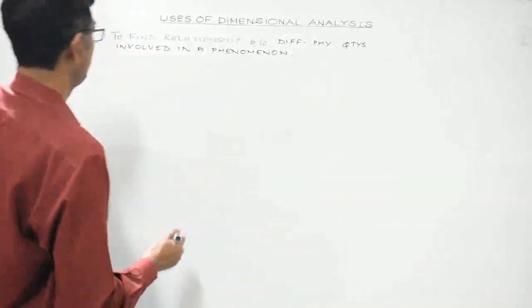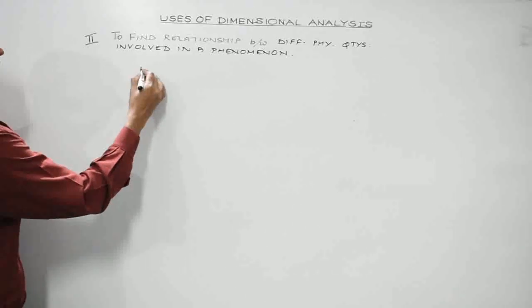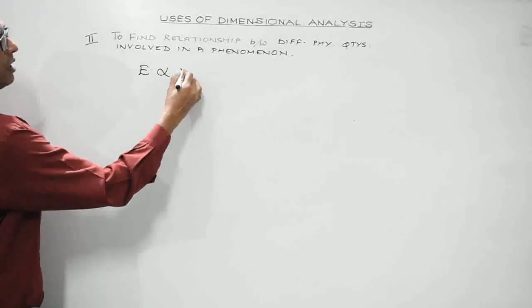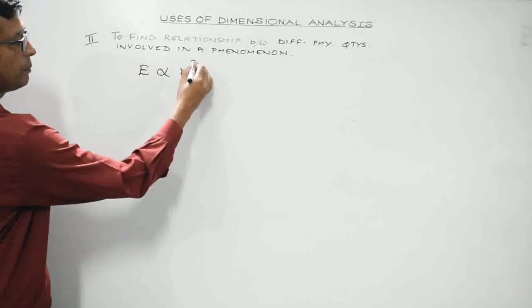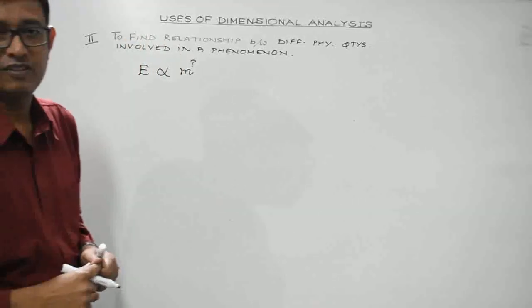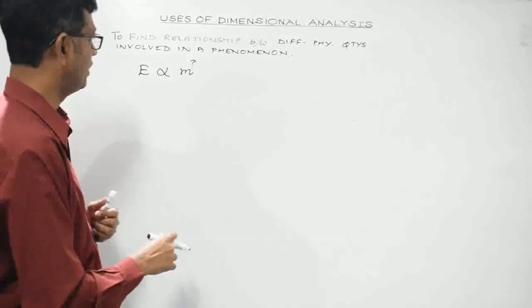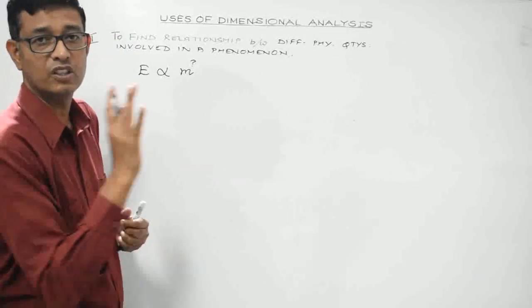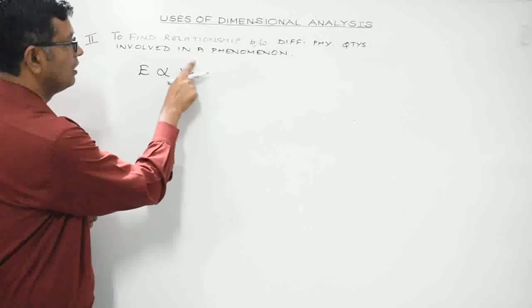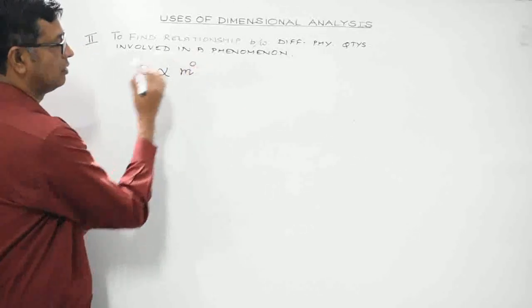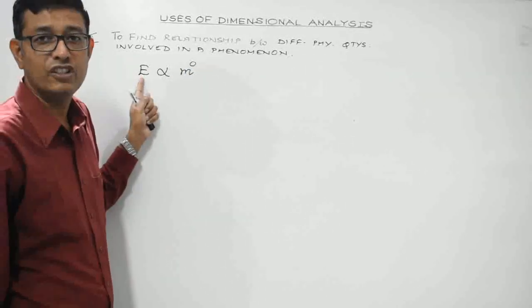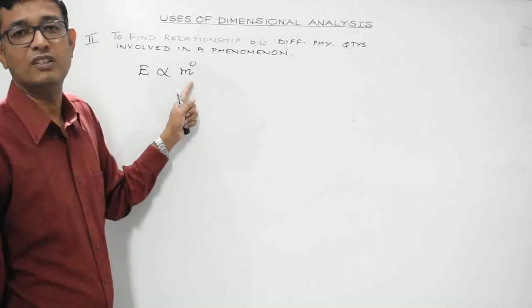Let's proceed. Kinetic energy is suppose E. It might depend upon the mass of the body. How it depends, we are not sure. That is what we intend to do. We need to find out the relationship. Suppose it is m to the power 0. It means that energy does not depend on mass.